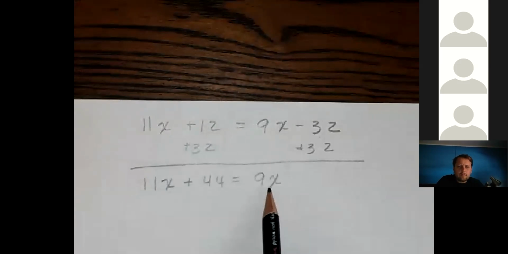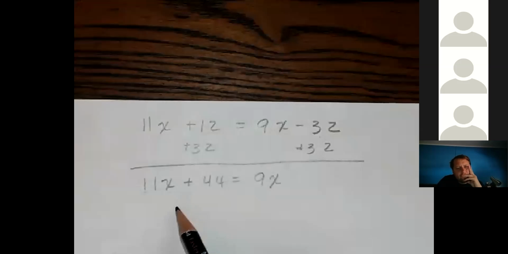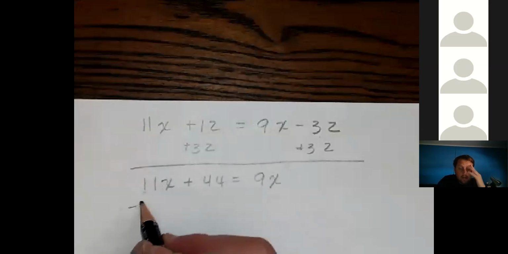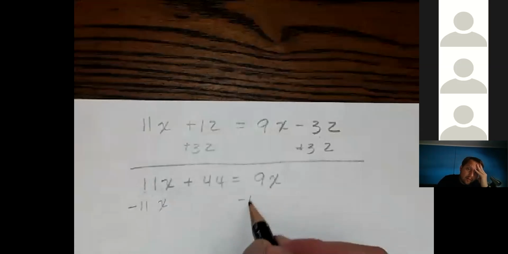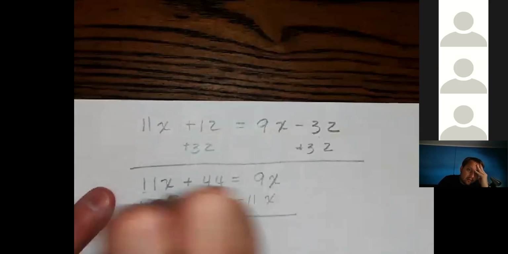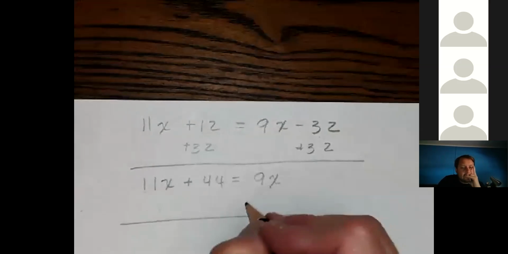But we still have this issue. There are many different things we could do at this point, but the only thing that makes sense is to subtract 11x from both sides. Why don't you subtract 9x from 11x? All right, let's do that. So it'd be 2x, right?